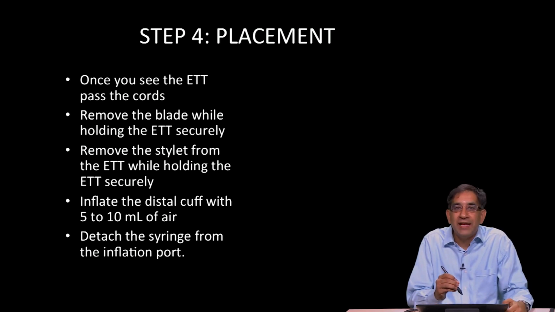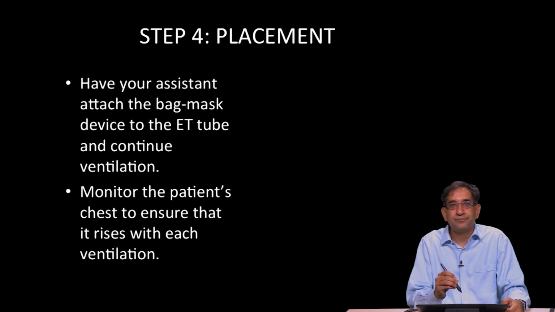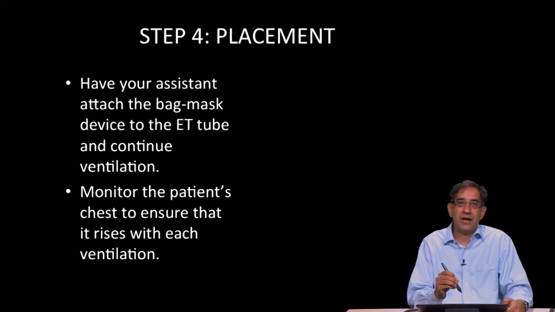Then you're going to inflate the distal cuff with 5 to 10 milliliters of air. Okay, you're going to blow up that cuff, and then you're going to take the syringe off the inflation port. Then you're going to have your assistant attach a bag mask device to the endotracheal tube and begin ventilating the patient. And you're going to monitor the patient's chest to make sure that it's rising each time your assistant gives a ventilation.